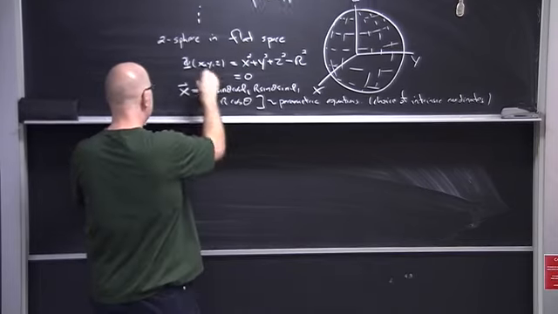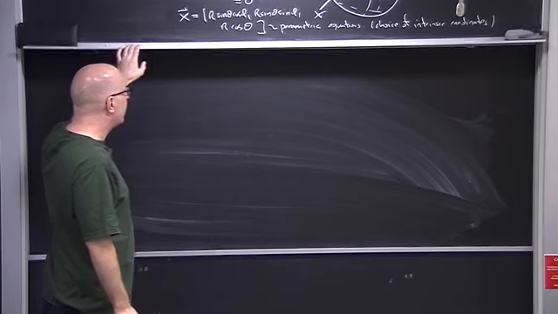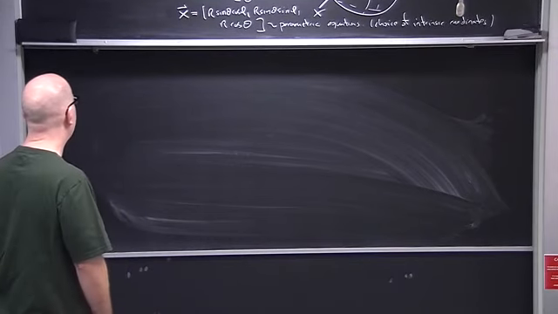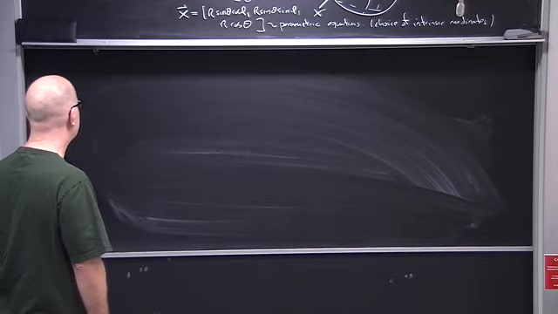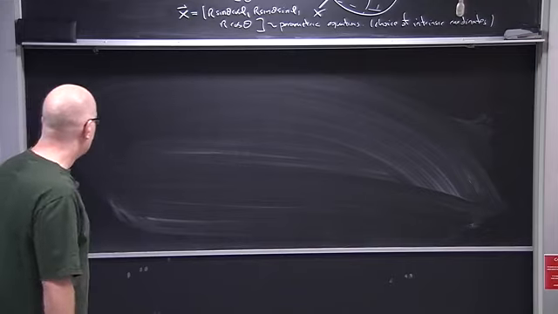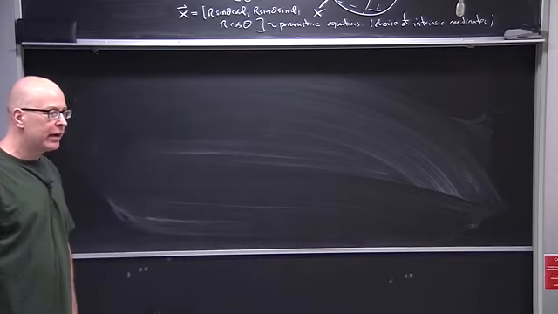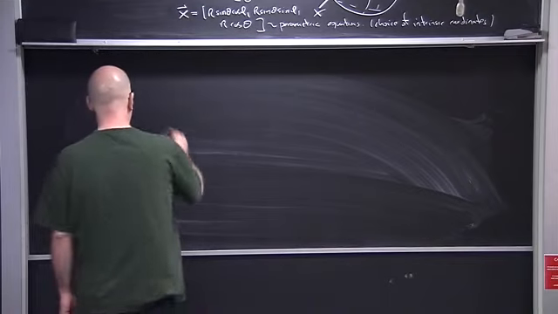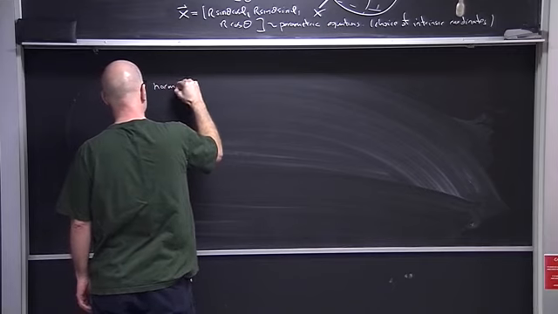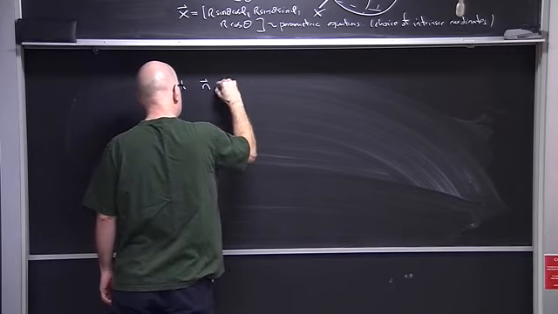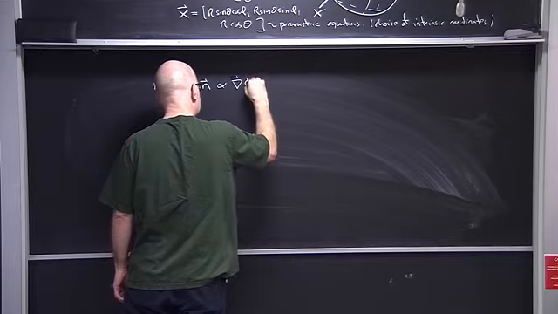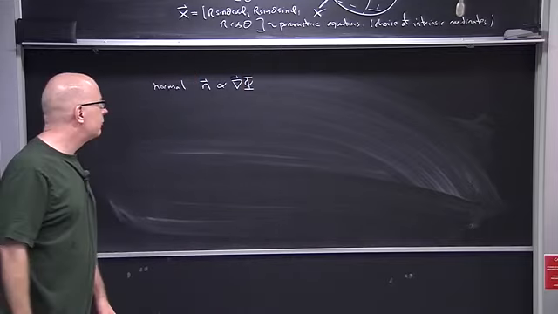Now, each of those descriptions here carries its own sort of convenience, and they achieve different purposes. This equation is a very good starting point to calculate a normal vector. So the normal vector is going to be, in general, proportional to the gradient of that function phi.